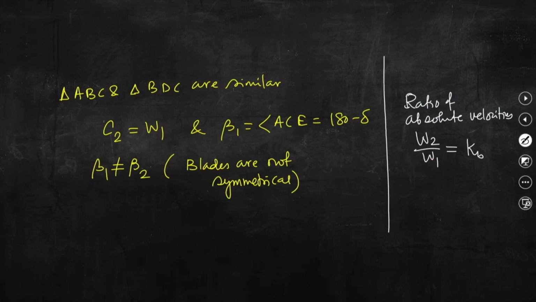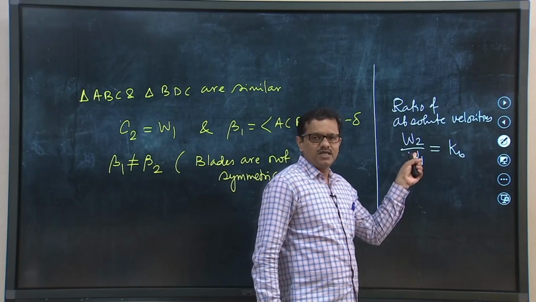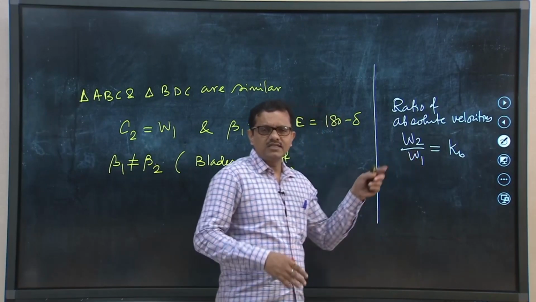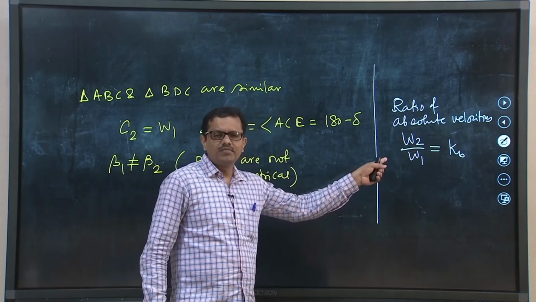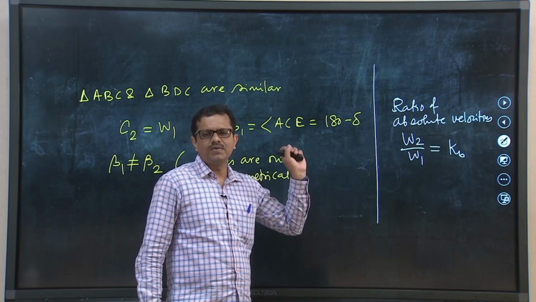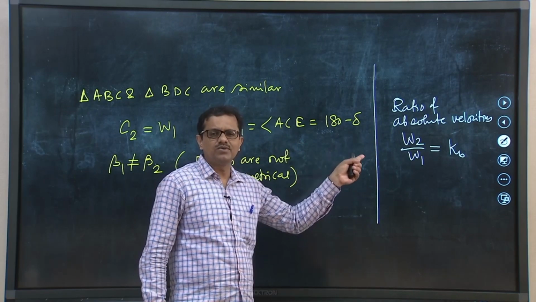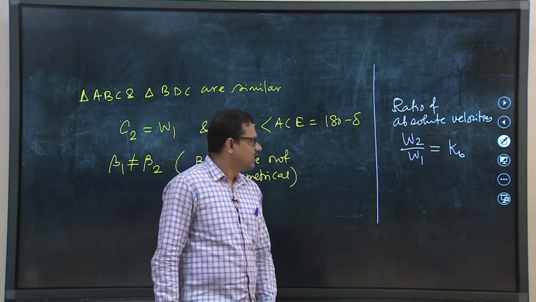So, because of the losses due to friction, this W2 is always less than W1. So, that means the relative velocity of steam when it is entering into the first row of blades or moving blades is W1, but the relative velocity of steam coming out from the first row of moving blades is W2, and W2 is less than W1, and it is because of the frictional losses.